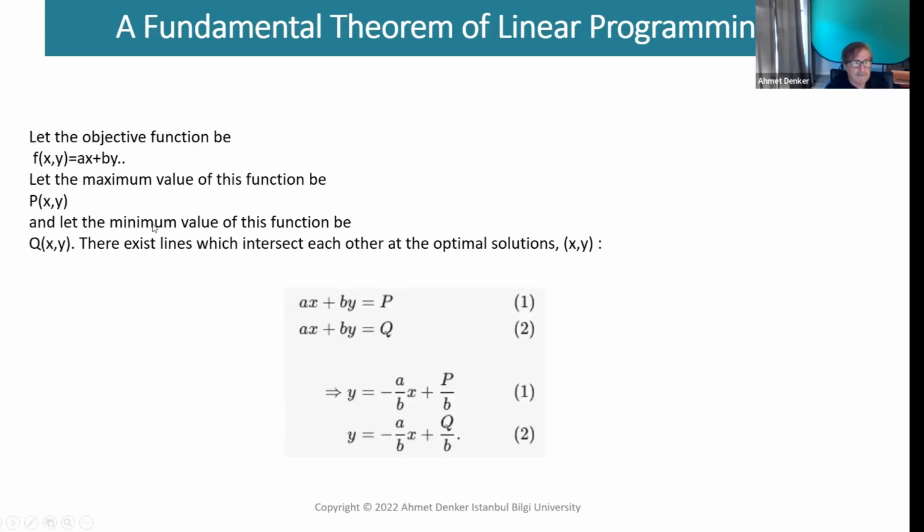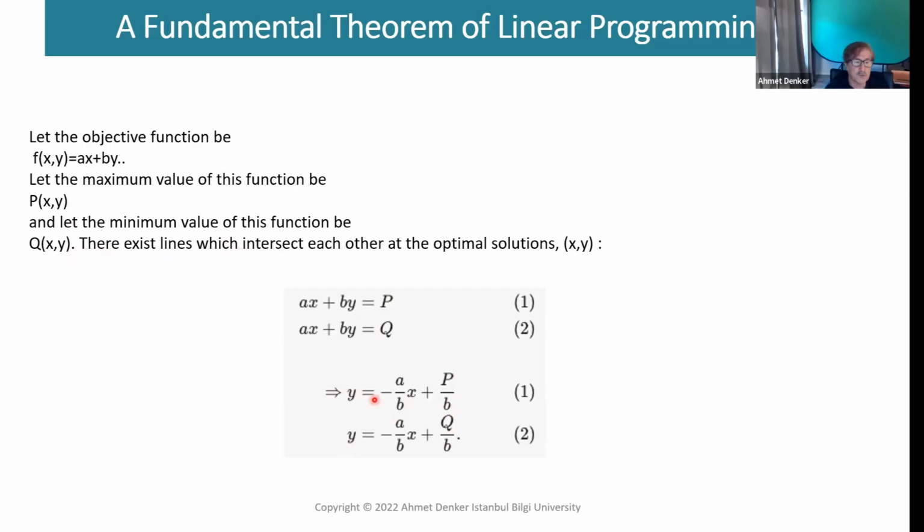Now, let the objective function be this. And let the maximum value of this function be p. And let the minimum value of this function be q. Okay. In each case, I can write the equation in terms of y as this.